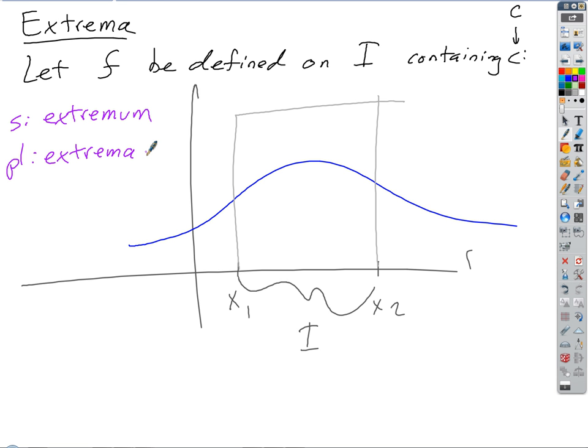In other words, it's an extreme value, either the biggest or the smallest, the most extreme on the interval. We can break up an extremum: an extremum could be a maximum. It could also be a minimum.